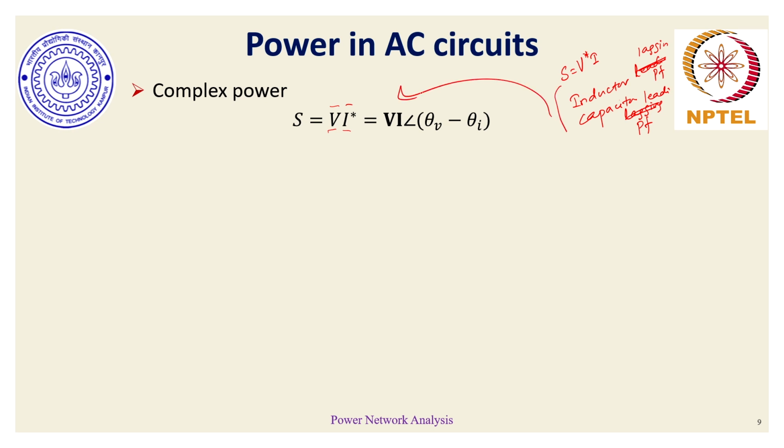So we stick to this notion of complex power. The corresponding magnitude of complex power is apparent power.